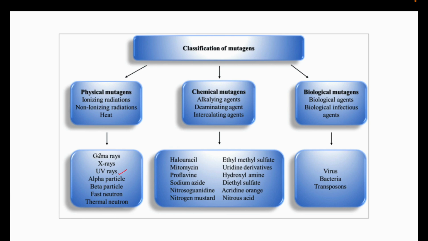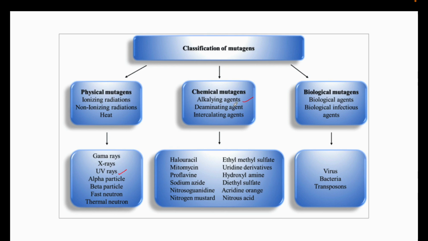And in chemical mutagens there are various chemicals. These could be alkylating agents, which in some way alkylate the purines and pyrimidines in the DNA.